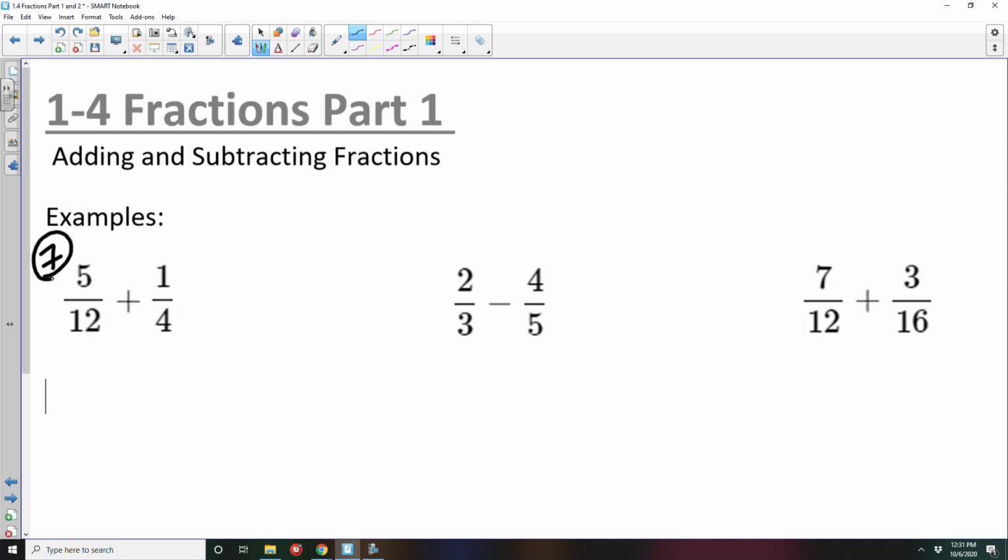Once again, making sure we know how to use our technology properly, because you all can actually go to Google and literally just type in 5/12 plus 1/4, and Google can add fractions for you. Desmos is nicer because it still looks like a fraction. You know, the yellow calculators, those of you who used them last year, that control divide button, you can add fractions on there as well. But the big thing is just making sure we know how to do these inside Desmos.